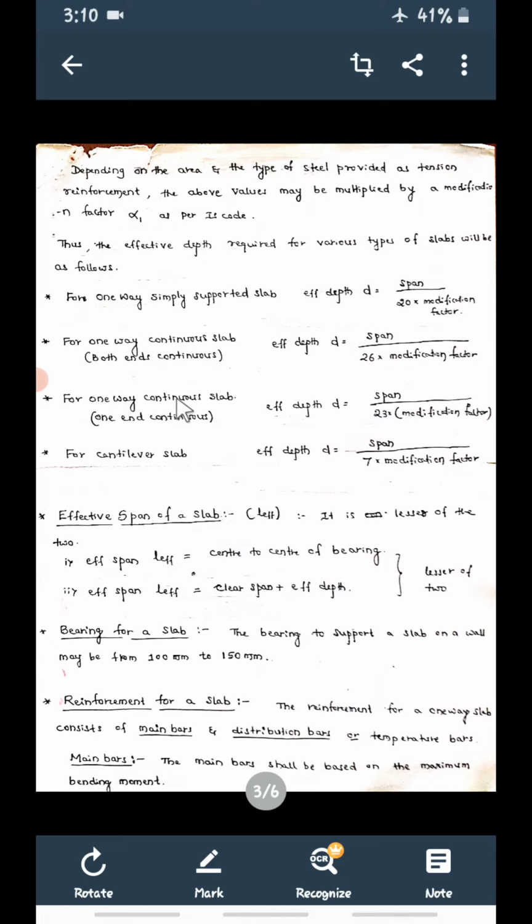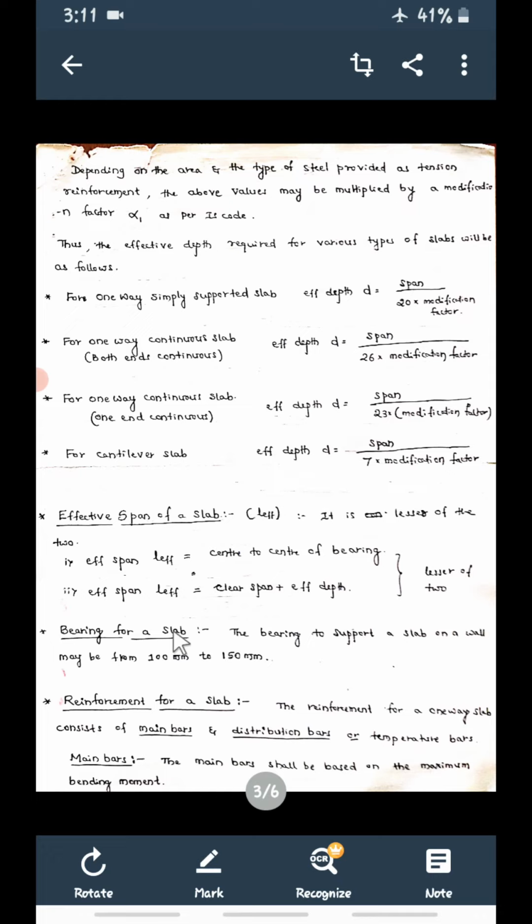If one end is continuous, then effective depth is equal to span divided by 23 into modification factor. Then for a cantilever slab, effective depth d is span divided by 7, where 7 is the basic value, into modification factor.